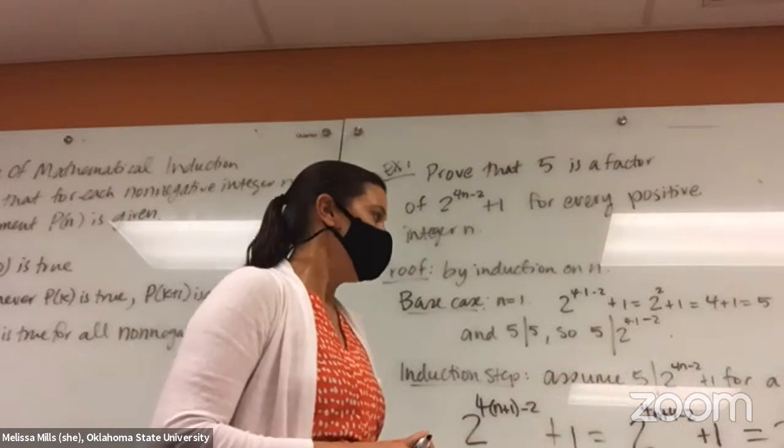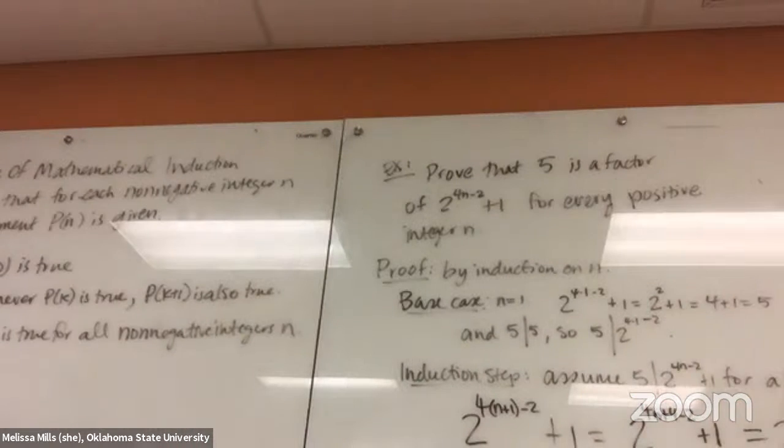So I can say, and maybe I could have said this at the beginning, but since 5 divides this, we can say that 2 to the 4n minus 2 plus 1 is equal to 5k, where k is in Z.